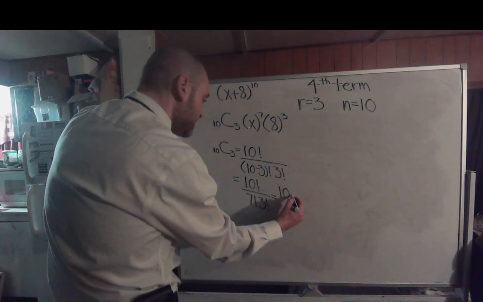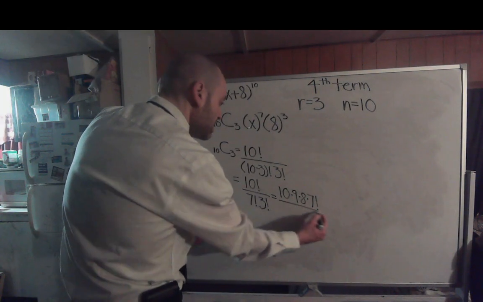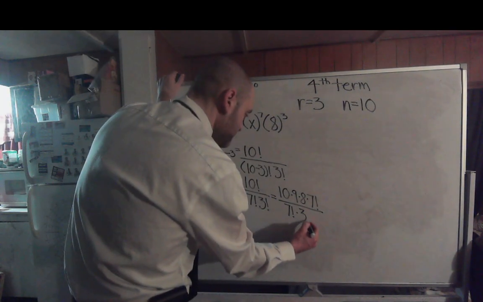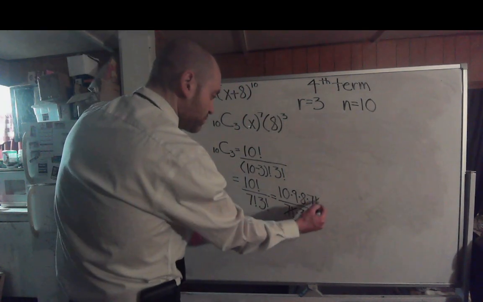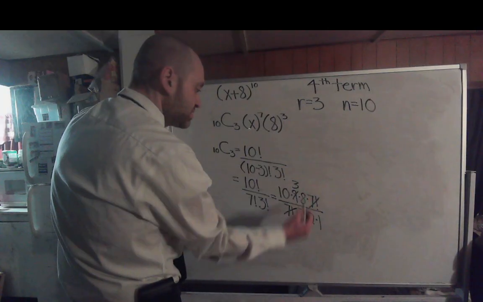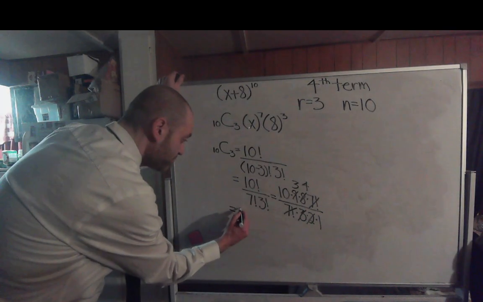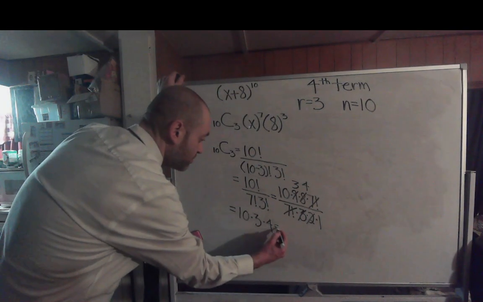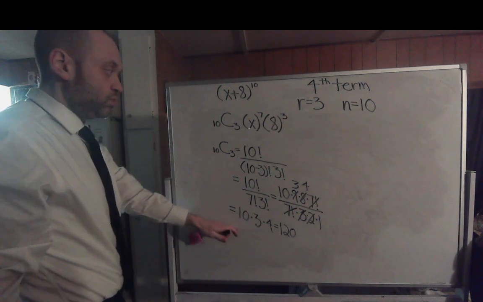You'll have 10 times 9 times 8 times 7 factorial all over that 7 factorial times, break down your 3 factorial. So this will be times 3 times 2 times 1. Well, your 7 factorials will cancel out. 3 goes into 9 3 times, 2 goes into 8 4 times. So the combination part will turn into 10 times 3 times 4, which would be 120. So the combination is 120.